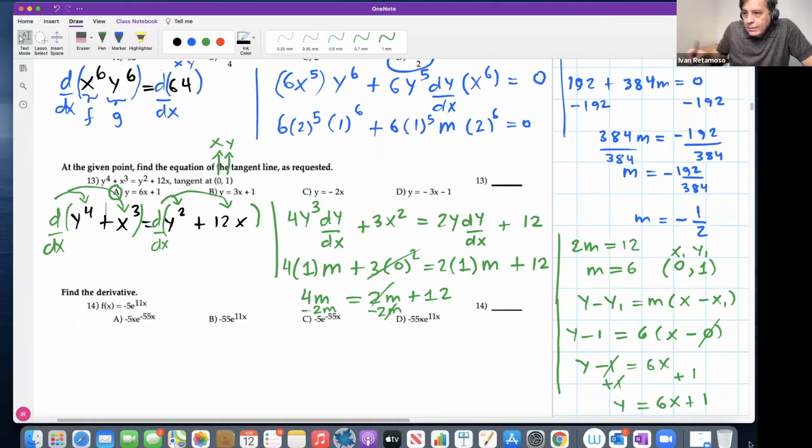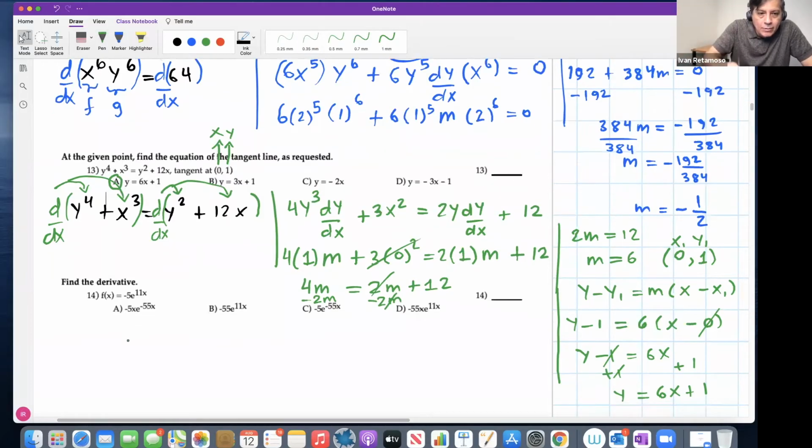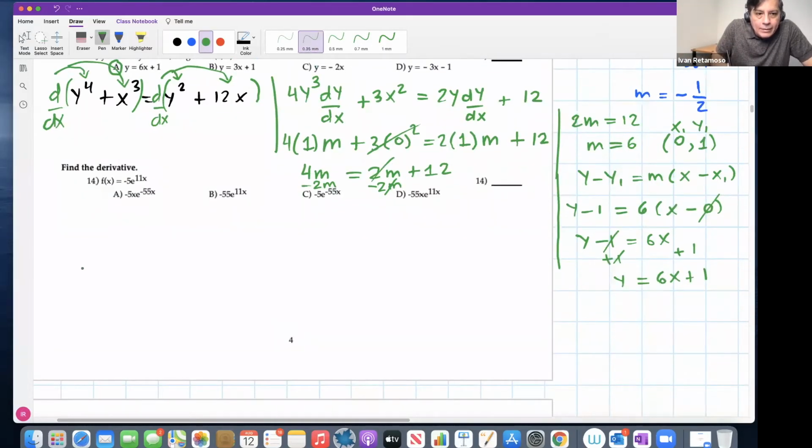We did a lot of forms. Let's talk about exponential forms. Find this derivative. This deals with the formula: derivative of e to the x equals itself, e to the x. But in this case, we are dealing with a composite function, multiplied by a constant.